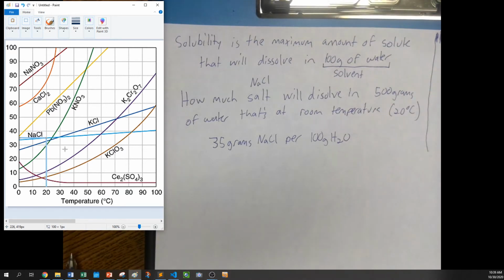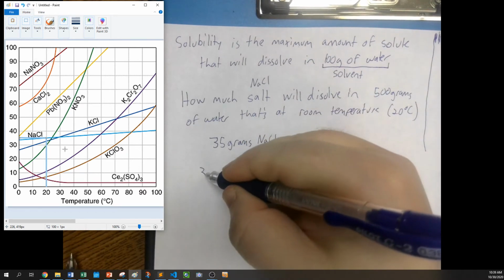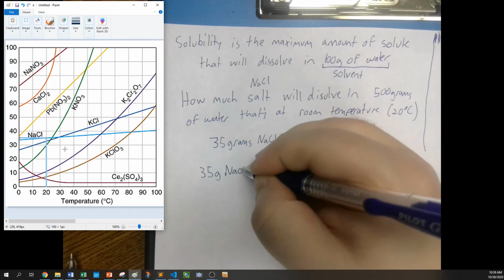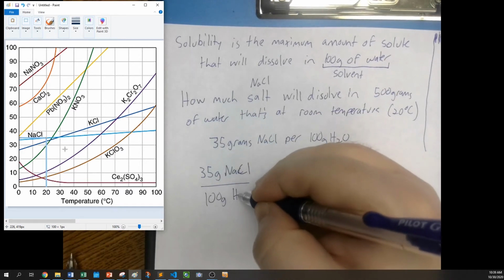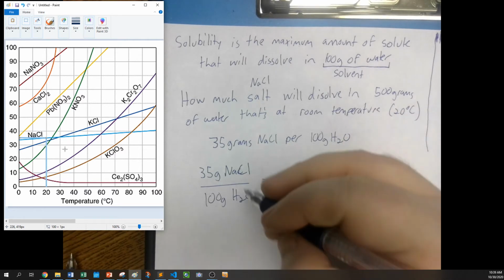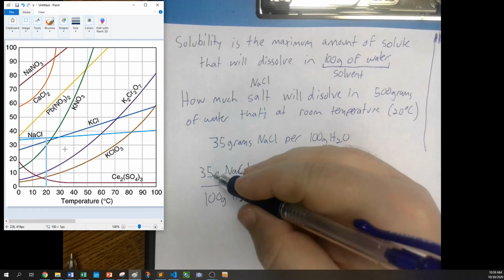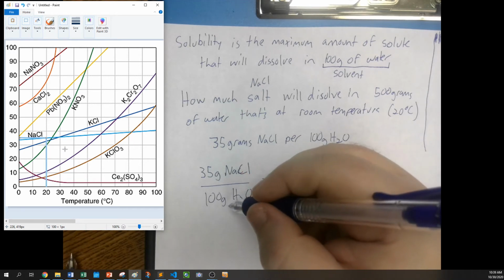So we can do a related rate problem. We know it's 35 grams of salt per 100 grams of water. And this ratio is going to stay constant. This is the ratio of maximum grams that can dissolve to water.